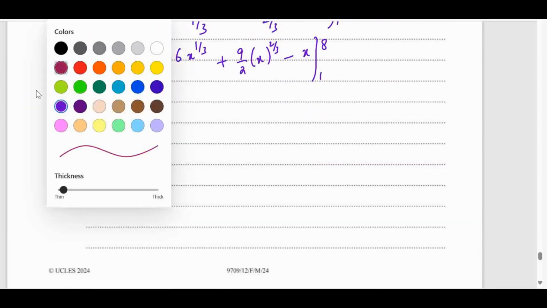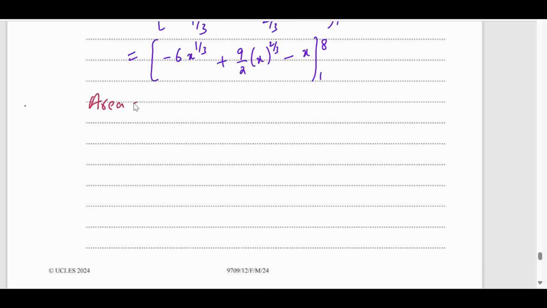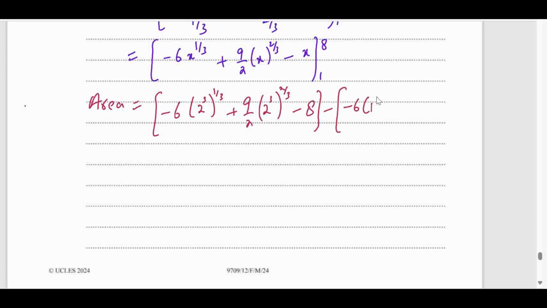Now area will be equal to upper limit minus lower limit. Minus 6, 8 means 2 cube whole power 1 by 3, plus 9 by 2, 2 cube whole power 2 by 3, minus 8, the upper limit, minus the lower limit: minus 6 whole power 1 by 3 plus 9 by 2 into 1 power 2 by 3 minus 1.